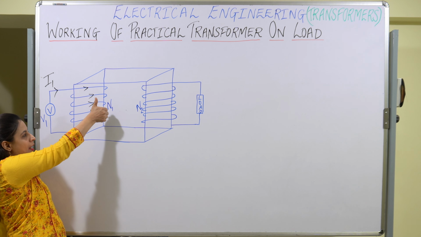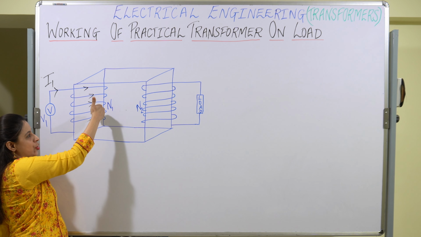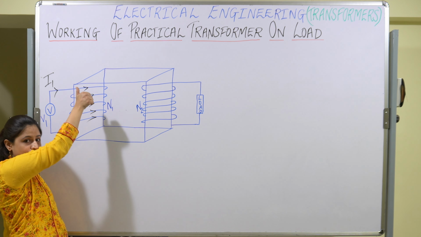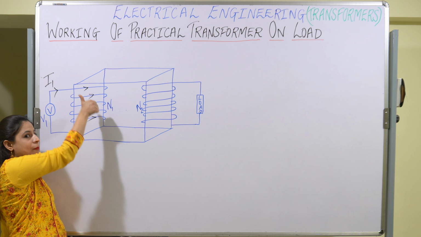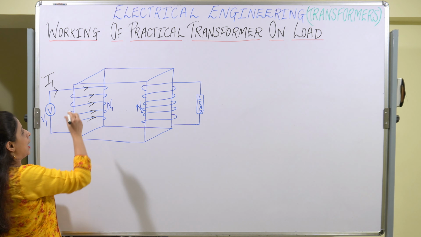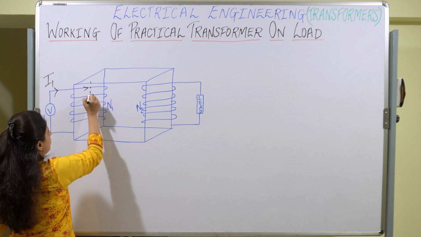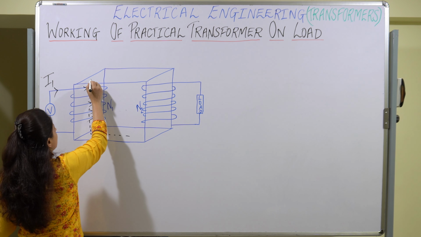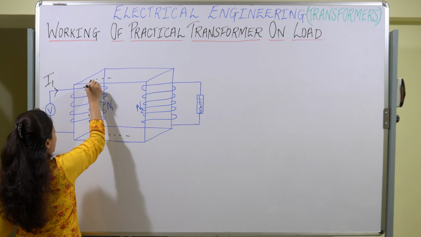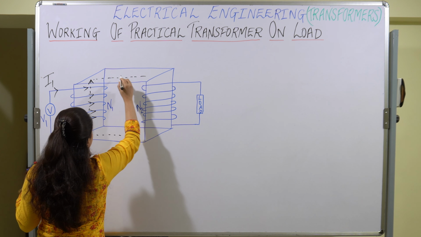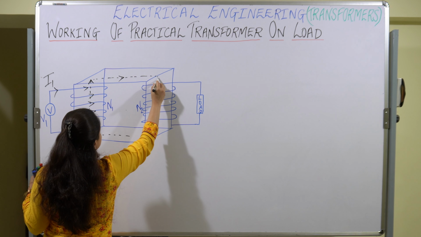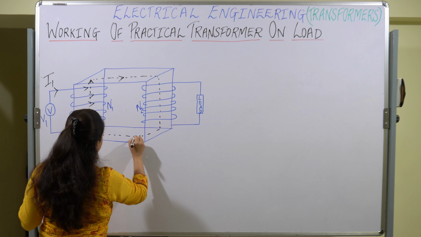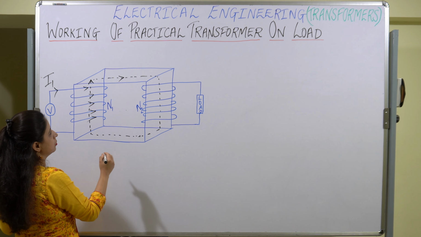So when I denote the direction of the current by my four fingers, the direction of the flux is outwards, upwards. That means the flux which is set up in the core is in this direction. This is the direction of the main flux which is set up in the core.